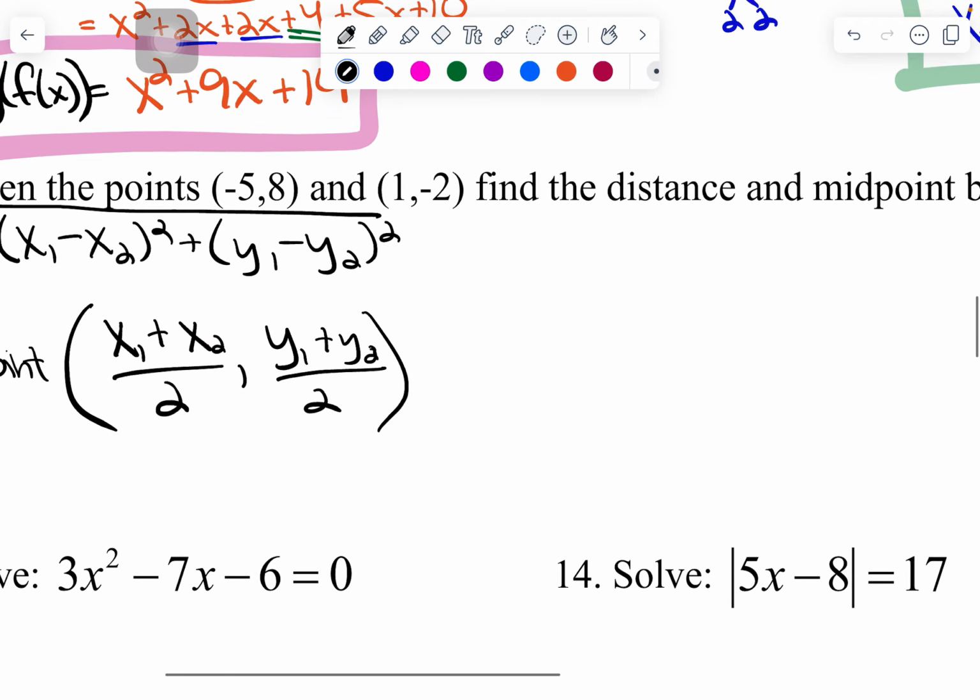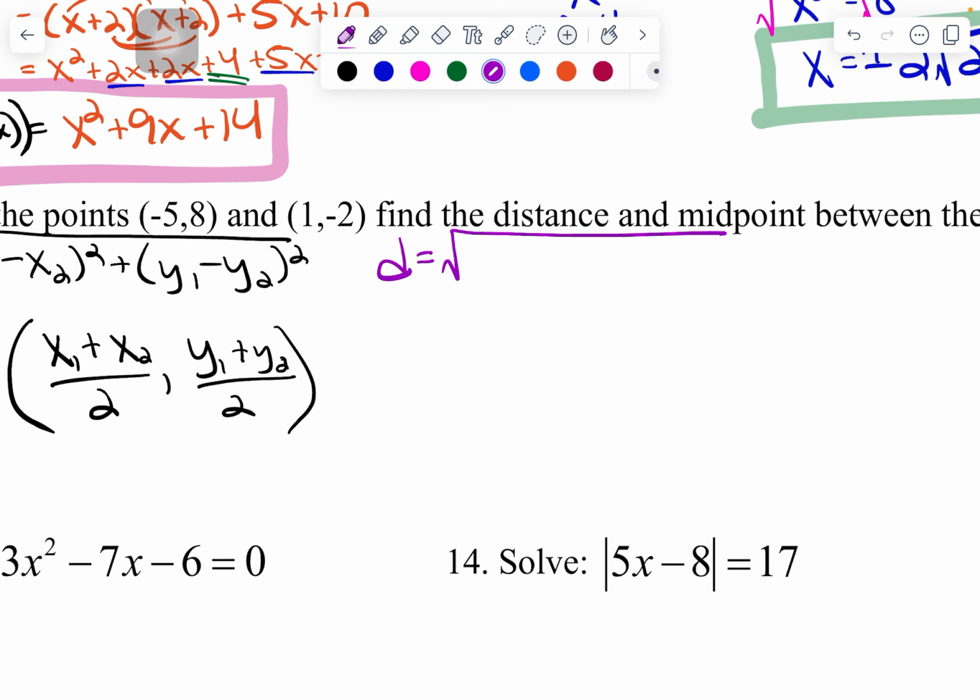All right, so let's actually find the distance and the midpoint. For distance, d is equal to the square root of my first x, negative 5, minus my second x, 1, squared. It took me a second to check that I've got the right signs here. Yes, I do. And then we're going to do the first y minus the second y. Please be super careful with the double negative.